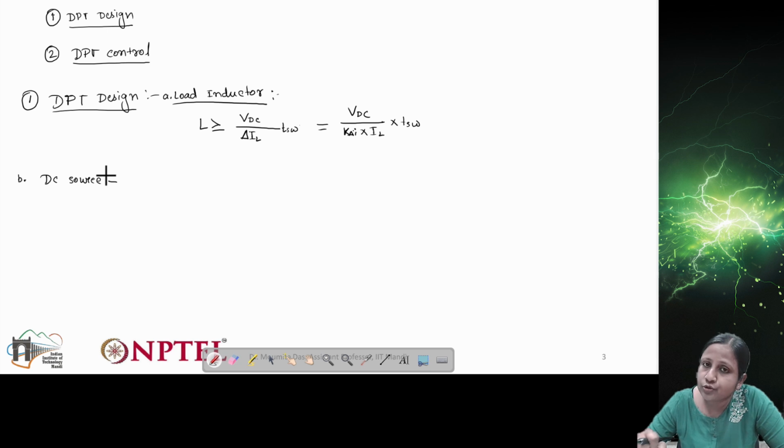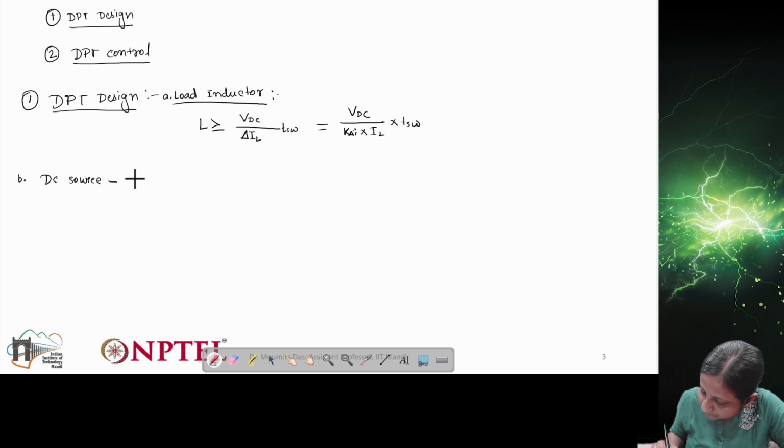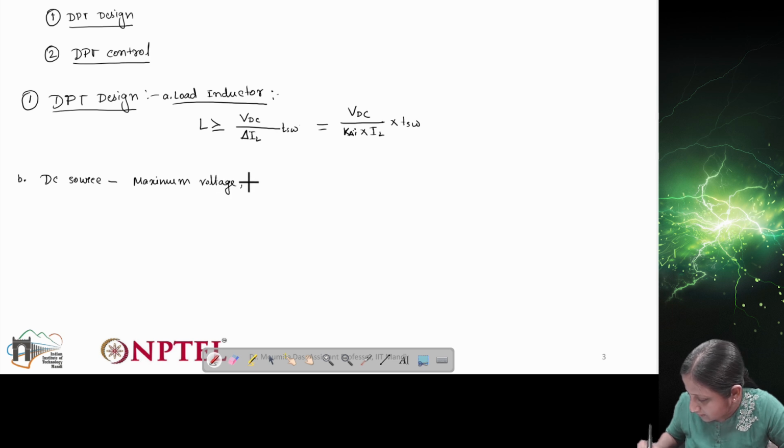So the voltage source should be able to provide the maximum voltage and the minimum current. That kind of voltage source we need to select for this test.